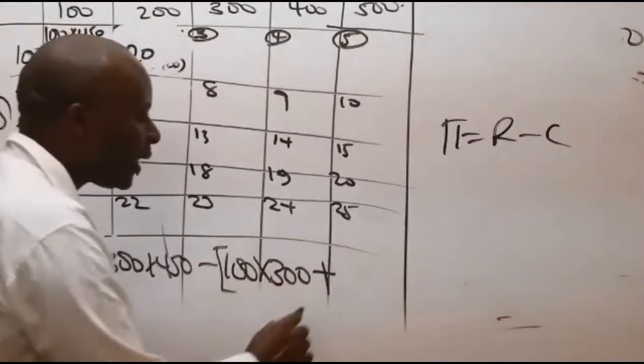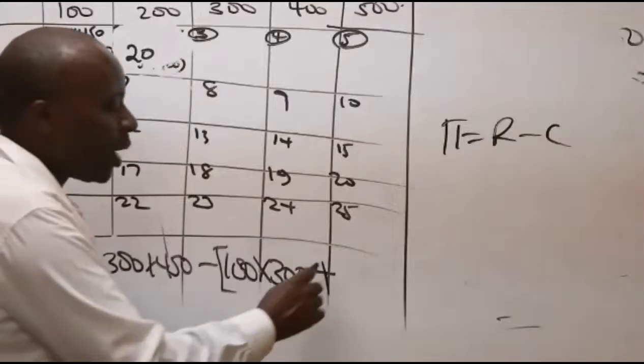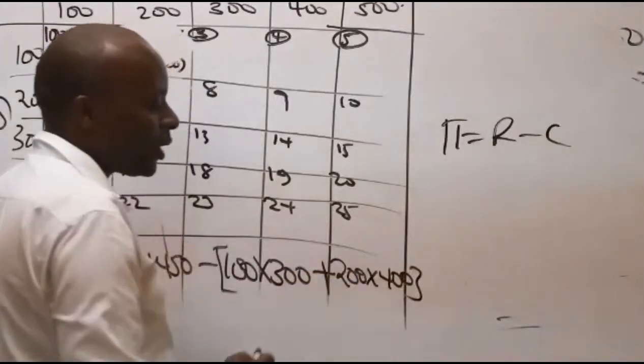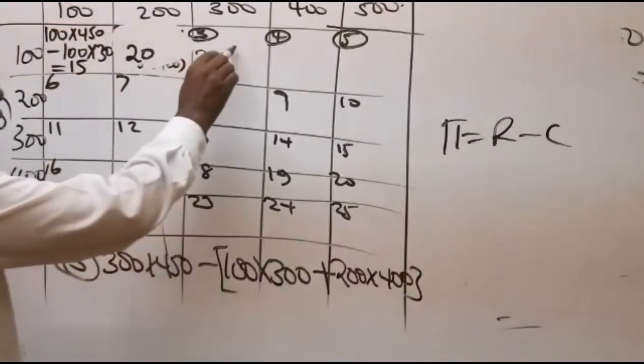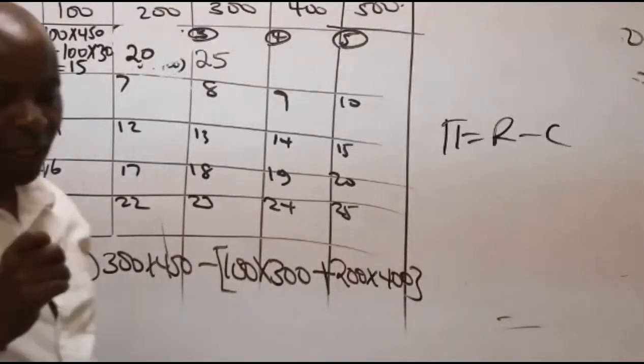Plus, we've got this other excess. You can see in total we want to sell 200, so the 200 has to be at a higher cost, which is 400. And I can see somebody telling me, Mwalimu, your answer will be 25. Thank you very much. I can see students now who are really following.